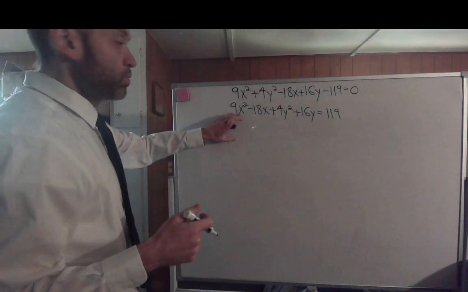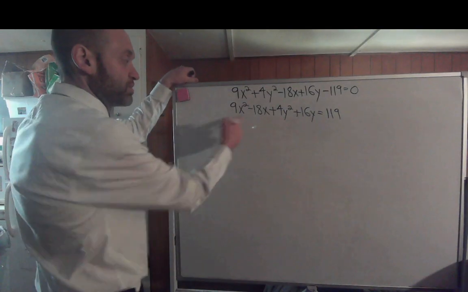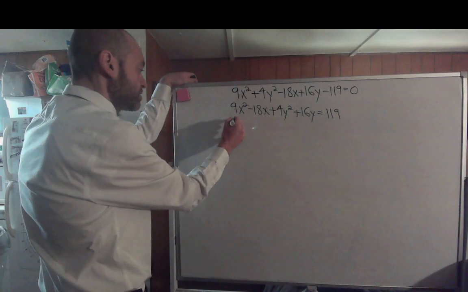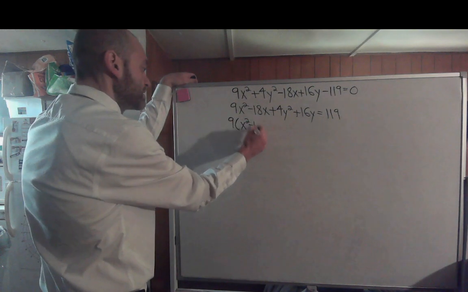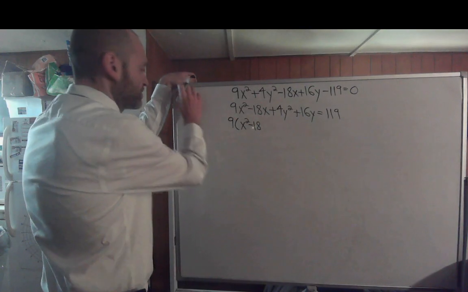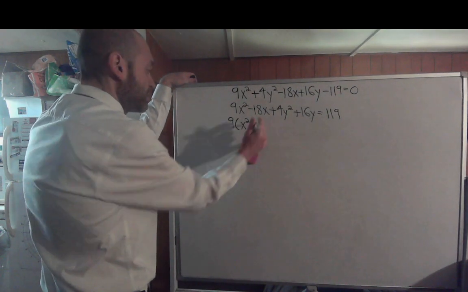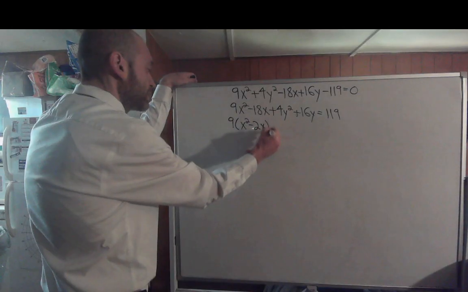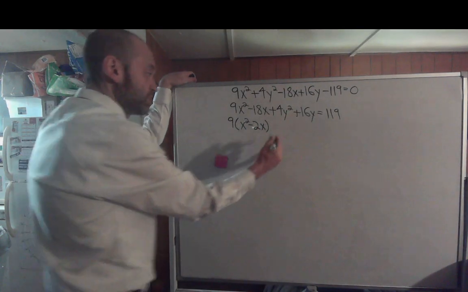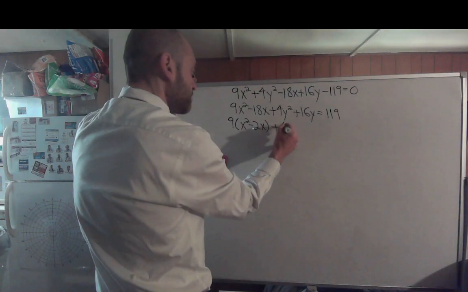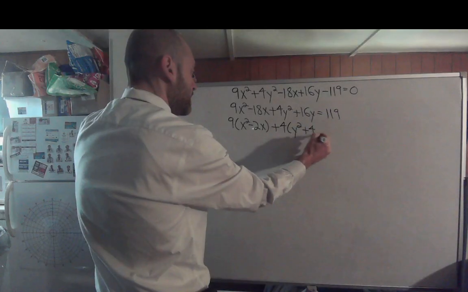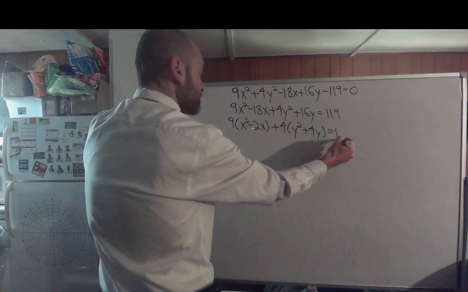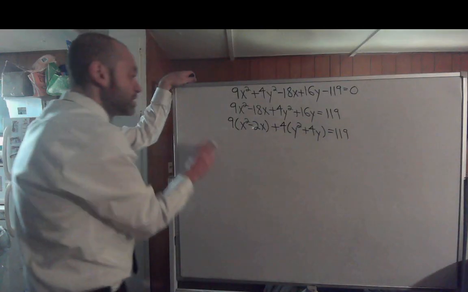You should always get a 1 on your quadratic term, so factor out a 9 for your x terms. It would be 9 times x squared minus 18x. Actually, no, that'd be 2x. x squared minus 2x. And then your y's, you can factor out a common 4, so plus 4 times y squared plus 4y equals 119.